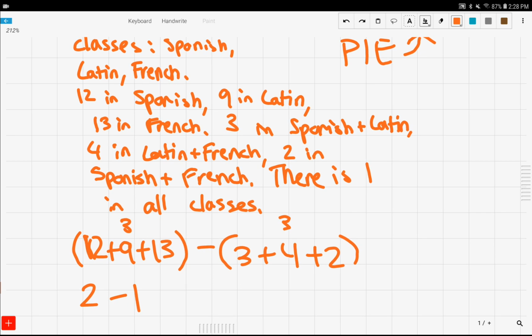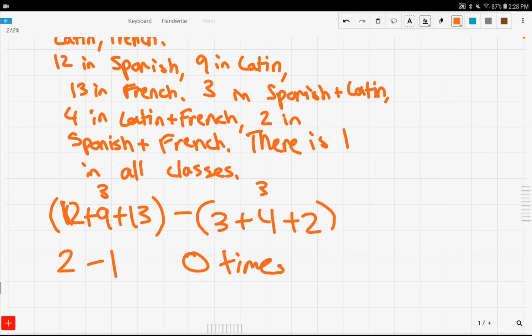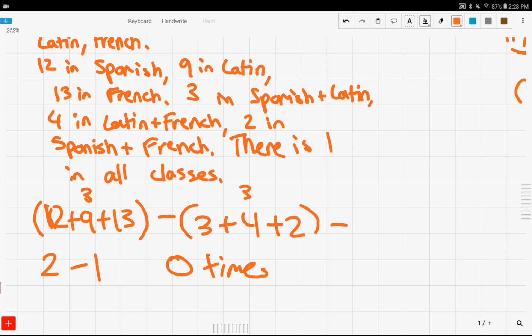So that means the person who is in all classes has been counted 0 times so far. And in order to compensate for that, we're going to have to add in that one person.